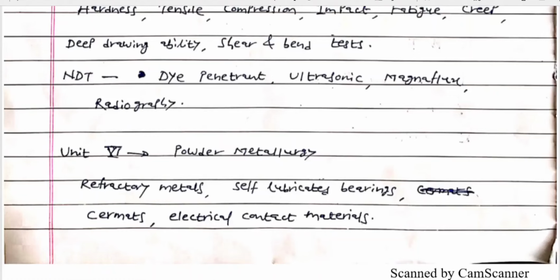That's why it is known as self-lubricated bearings. How the self-lubricating action operates, we'll understand under this head. Manufacturing self-lubricated bearings is only feasible by the powder metallurgical technique.